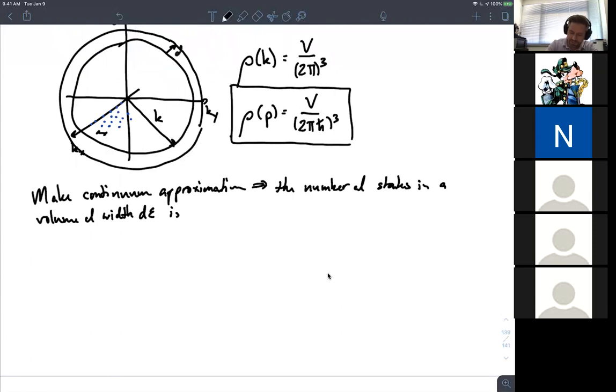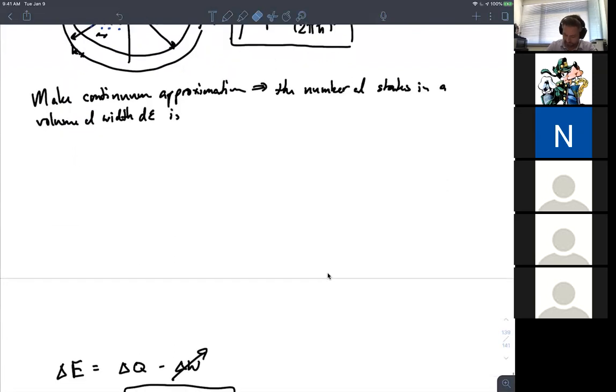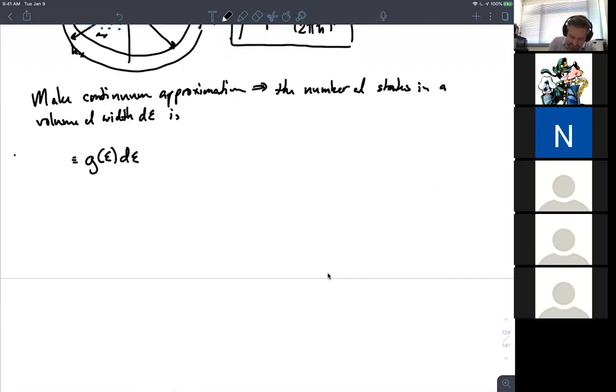We're going to say this thing has width dE. And by definition, what I'm doing now is defining the density of states. So the density of states, G of E dE, is defined to be the number of states in a shell of width dE. That statement defines what I mean by G of E.